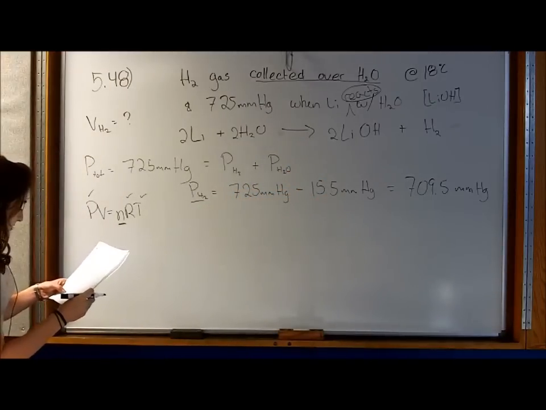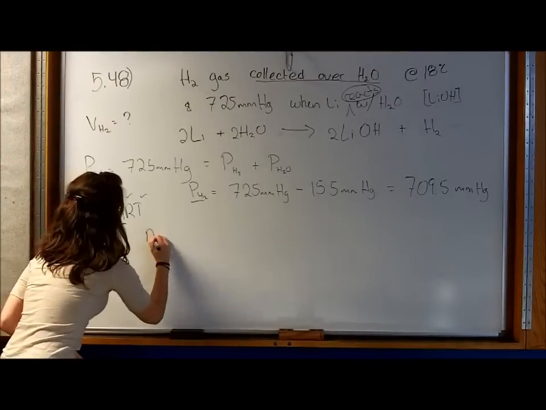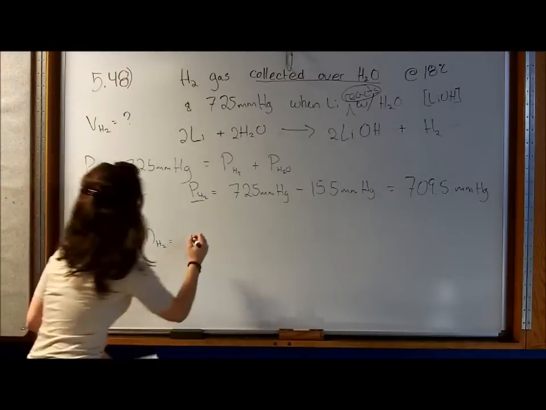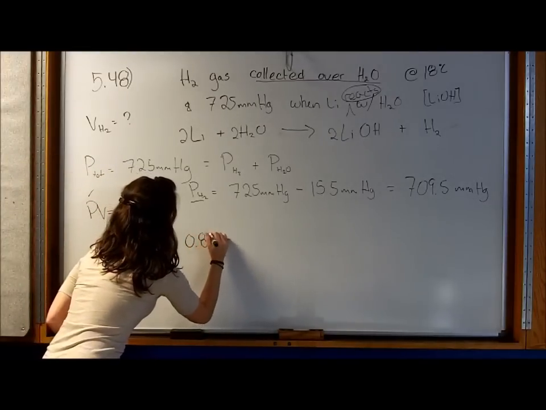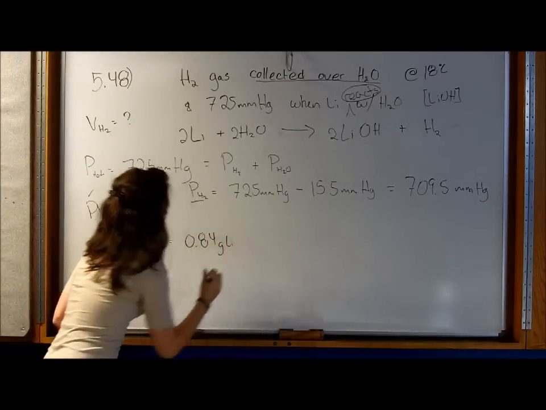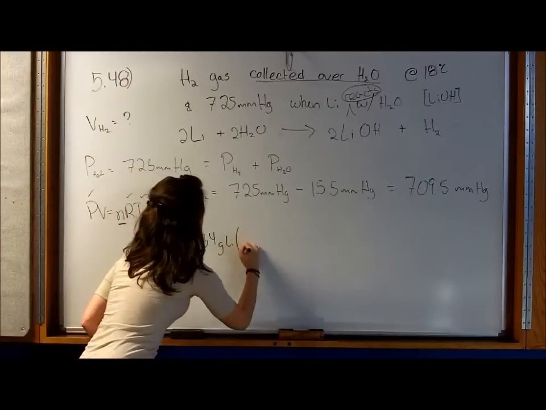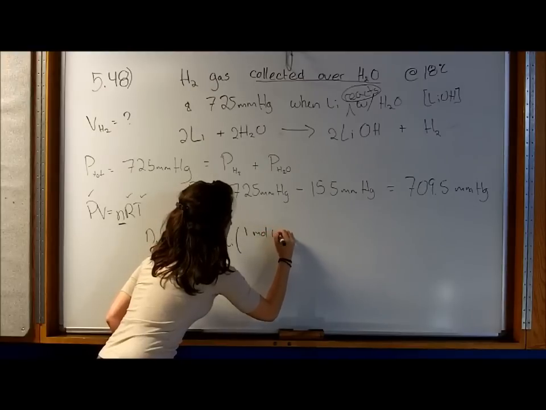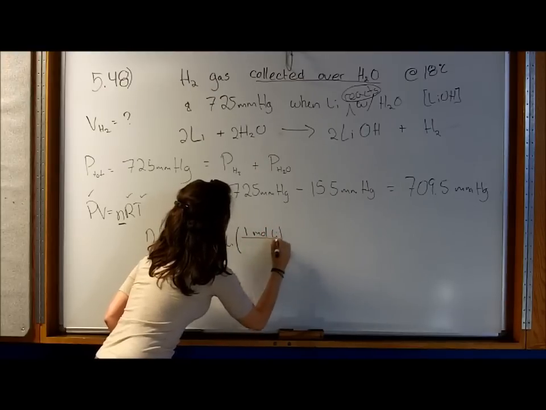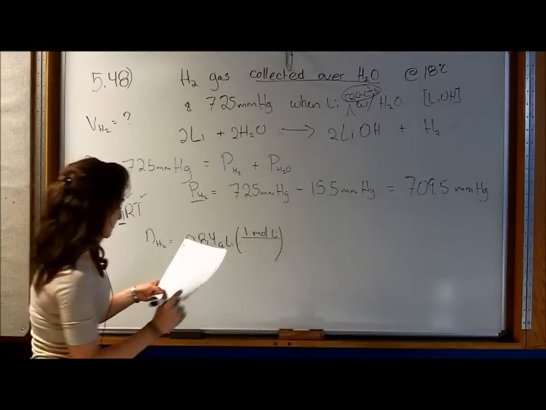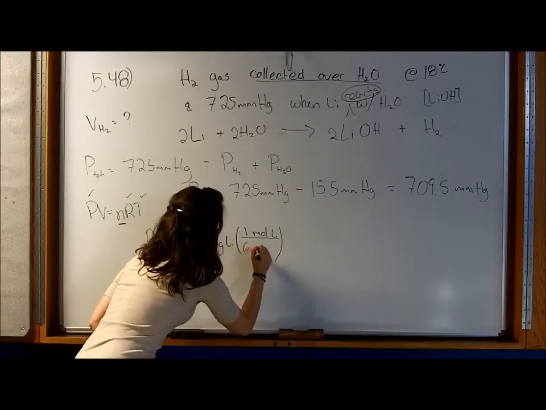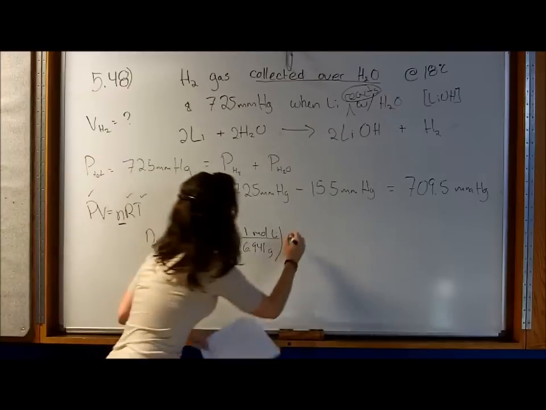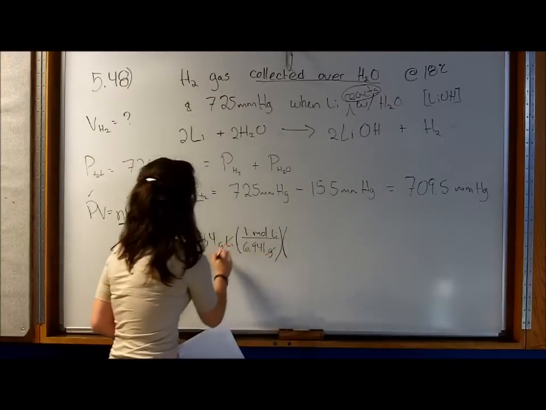So to do that, our moles of hydrogen gas is going to be 0.84 grams of lithium. This was given in the problem. Now to convert that to moles of lithium, we're going to do the inverse of the molecular mass, which is 1 over 6.941 grams. And that will give us moles of lithium.